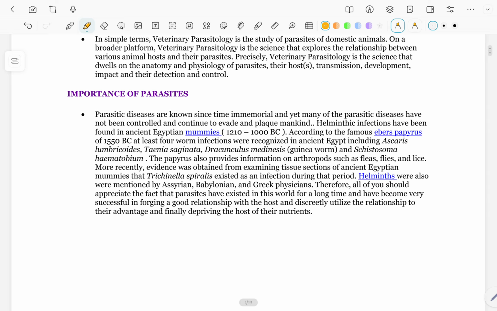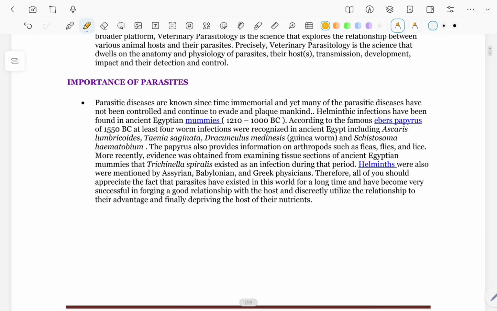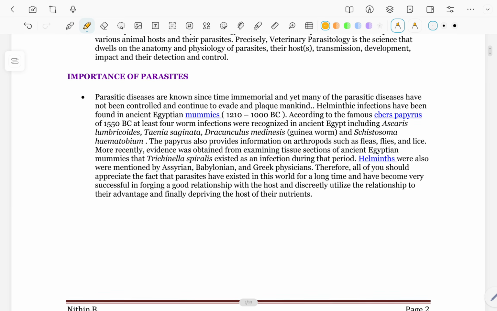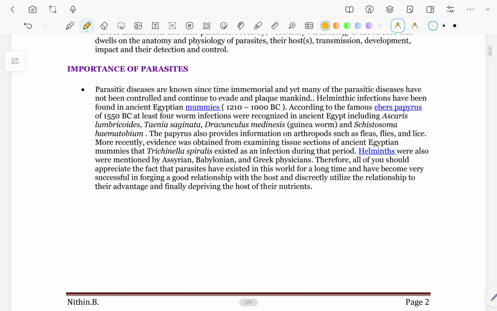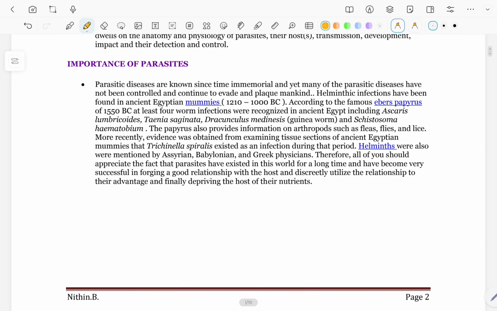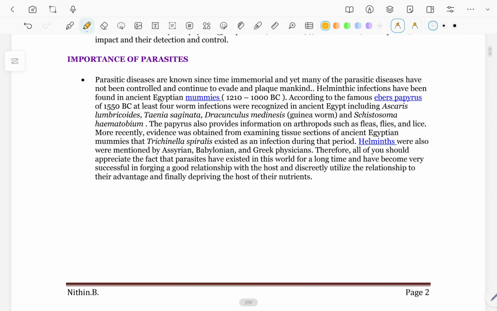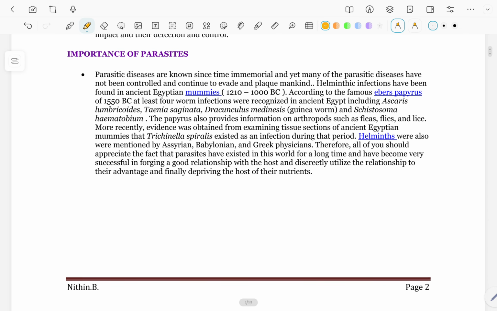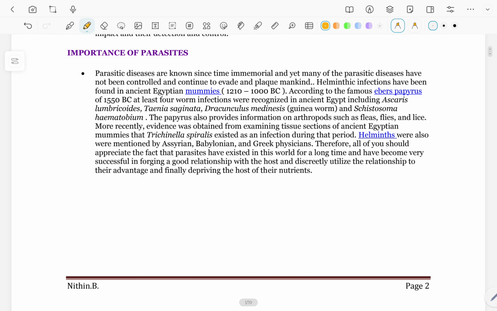According to the famous Ebers papyrus of 1550 BC, at least four worm infections were recognized in ancient Egypt, including Ascaris lumbricoides, Taenia saginata, Dracunculus medinensis guinea worm, and Schistosoma haematobium. The papyrus also provides information on arthropods such as fleas, fly, and lice.